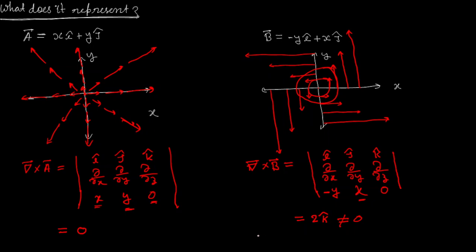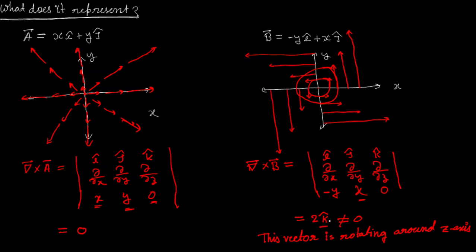So this vector field is rotating around the z-axis. In this case, you can say the k cap direction.